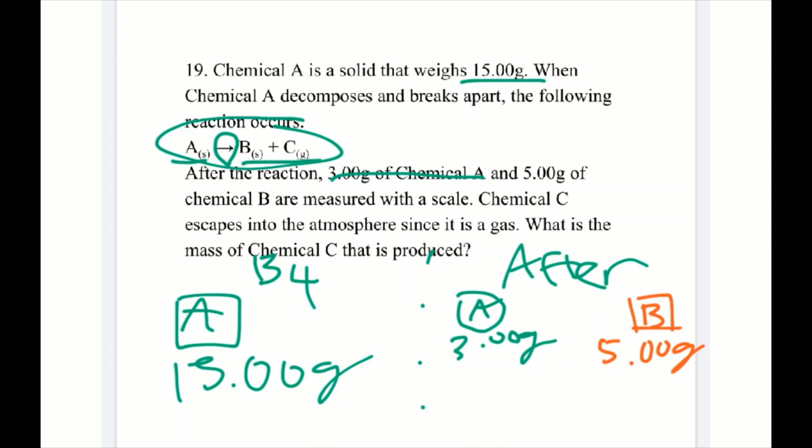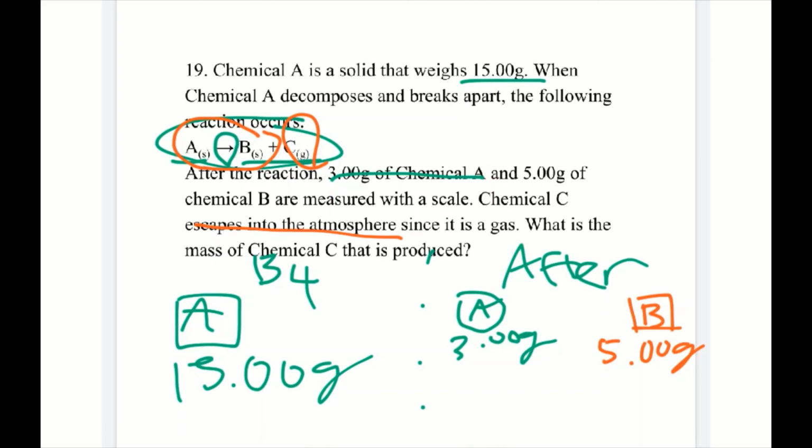Chemical C escapes into the atmosphere since it is a gas. So as you can see here, C is a gas, A and B are both solids, so we can measure them. But you can't really measure the mass of the gas if it escapes into the atmosphere, right? So what is the mass of chemical C that is produced?